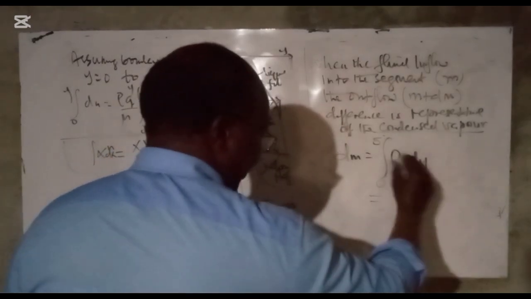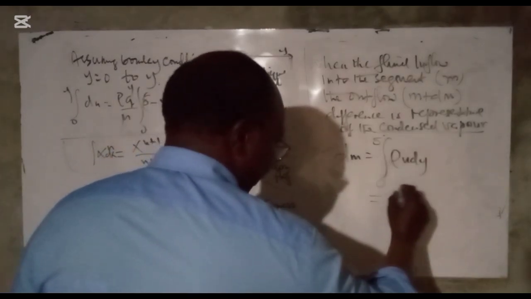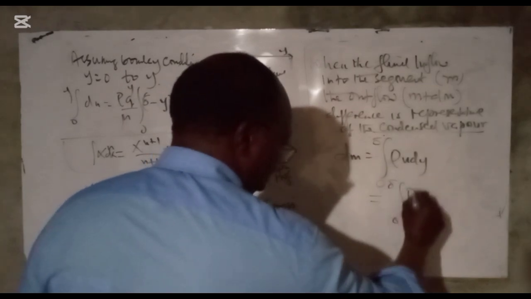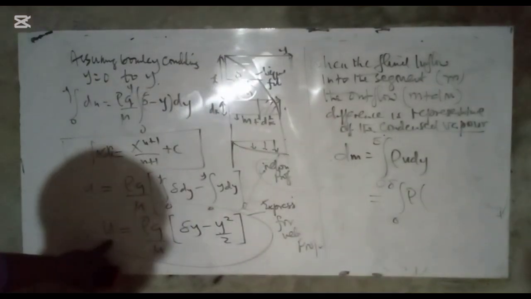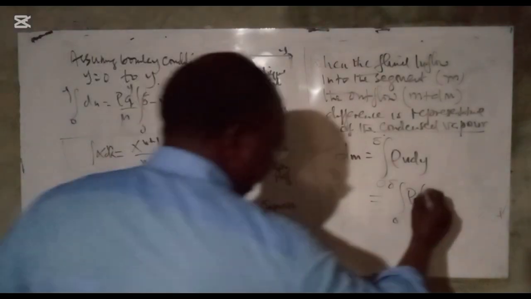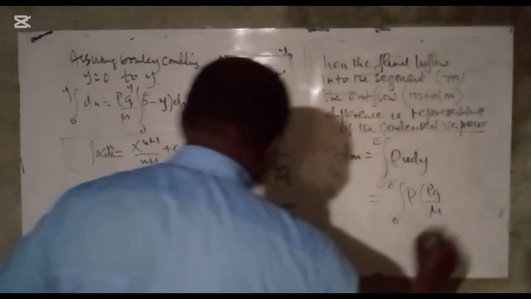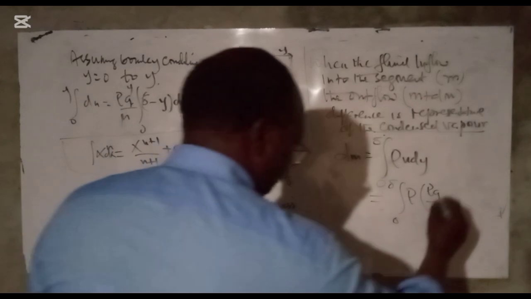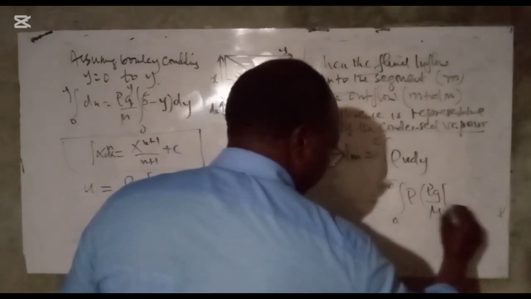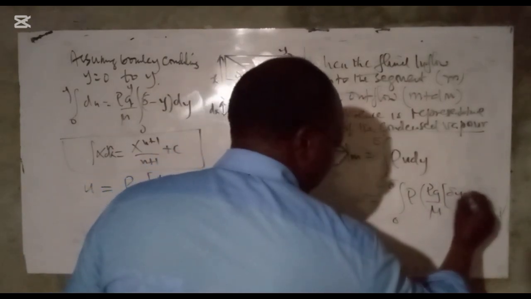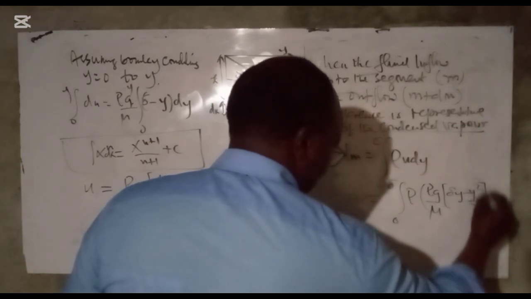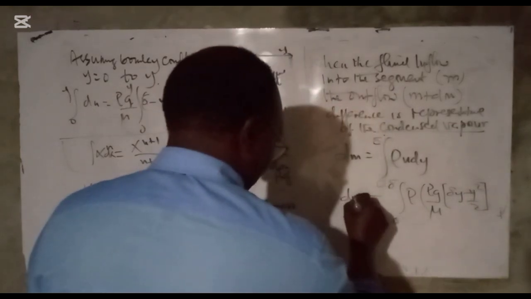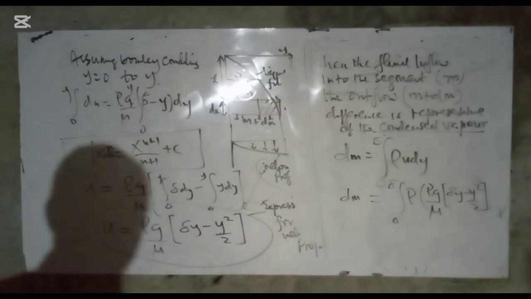then in that particular case, we will have the integral 0 to sigma of rho into the expression for the velocity which we have here, g over mu into sigma y minus y squared over 2, dy. And so let us work that expression there and see what we get. And like I always tell you, you must rationalize what you get.